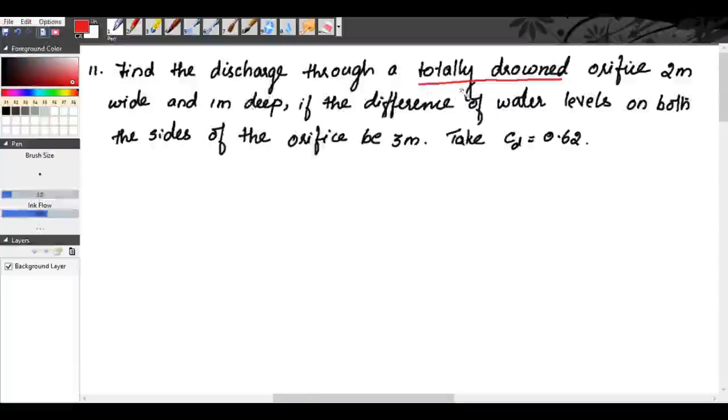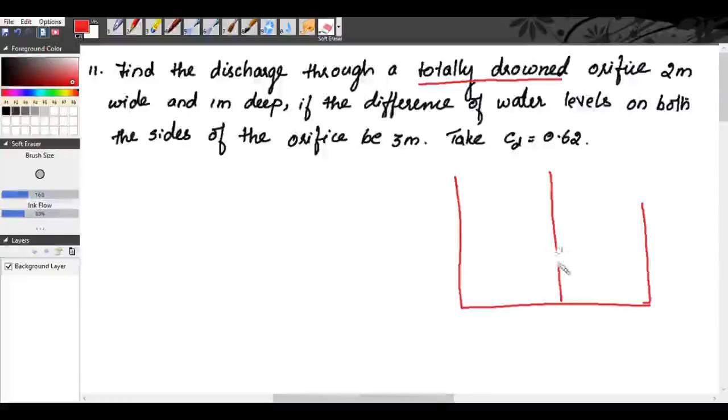Find the discharge through a totally drowned orifice which is 2 meter wide and 1 meter deep. So the breadth of the orifice is 2 meter and the depth of the orifice is 1 meter.